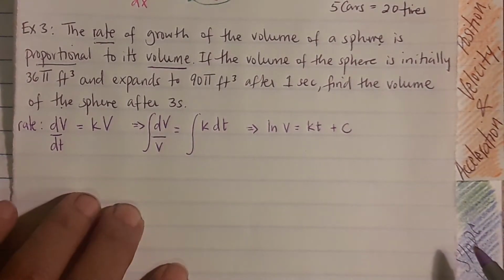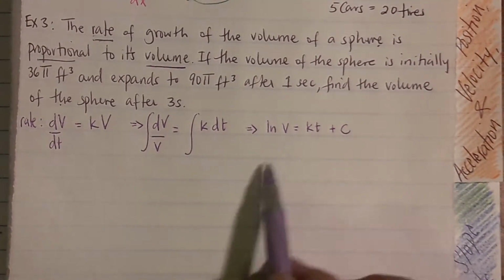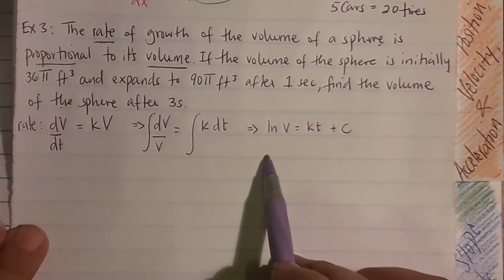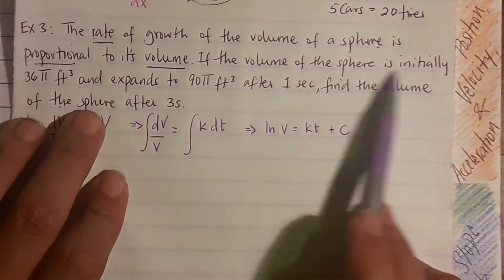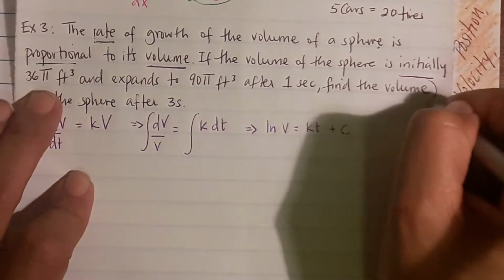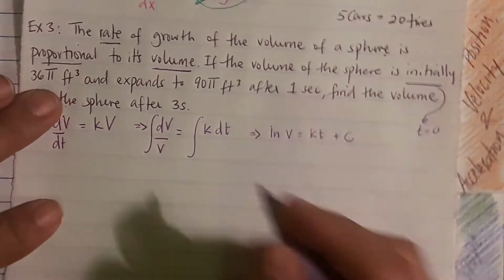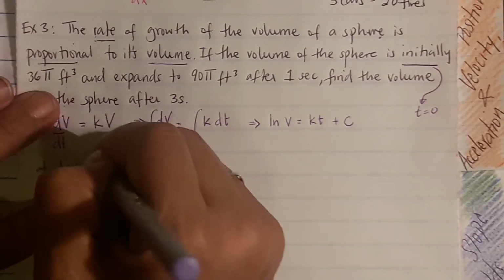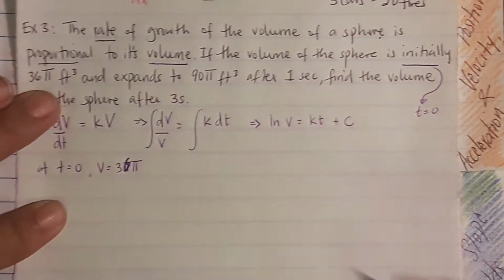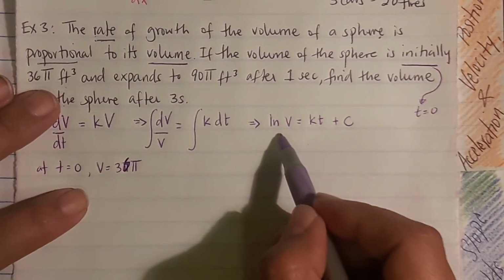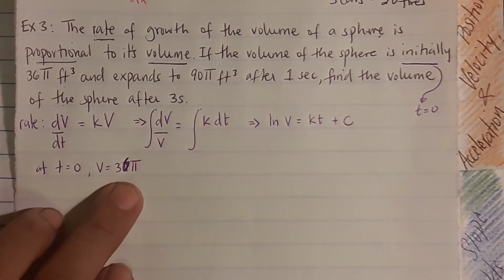Now from the question, at t equals 0, because it uses the word initially. Okay, so we need to find c. Anytime you see initially, it's t equals 0, because that's the starting point. So at t equals 0, the volume is 36 pi. So all we're going to do is plug it in.